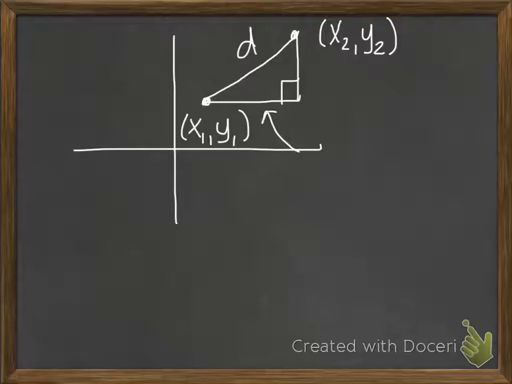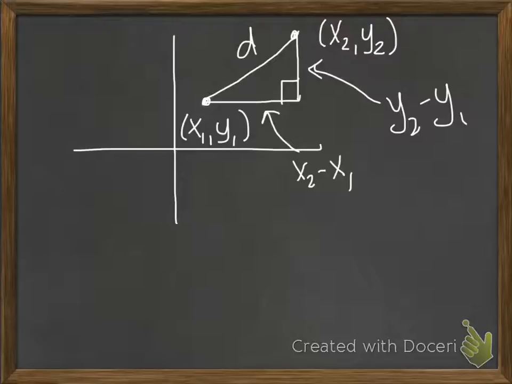The length of the bottom here is going to be the difference between your x values, x2 minus x1. The length of the vertical line is going to be the difference between your y values, y2 minus y1.